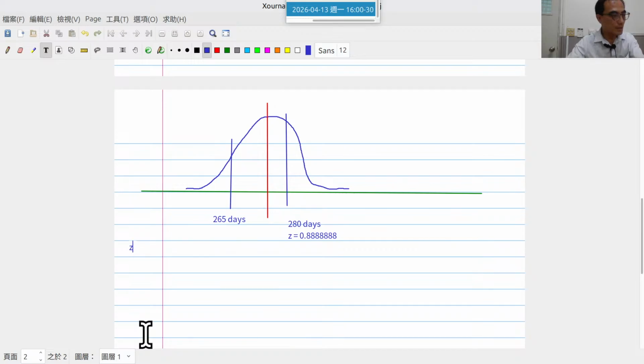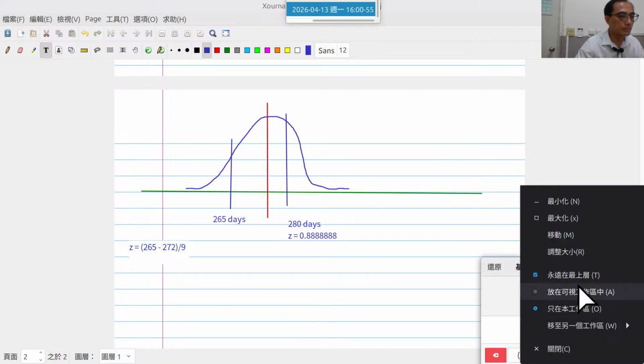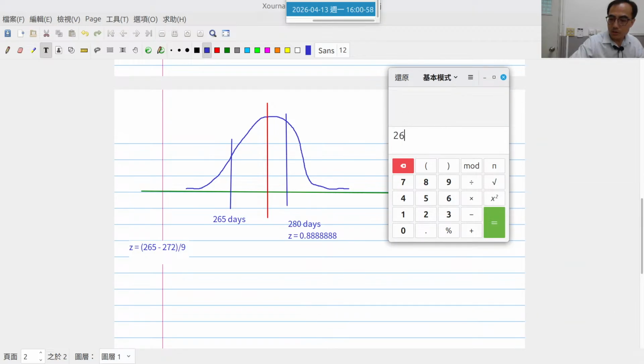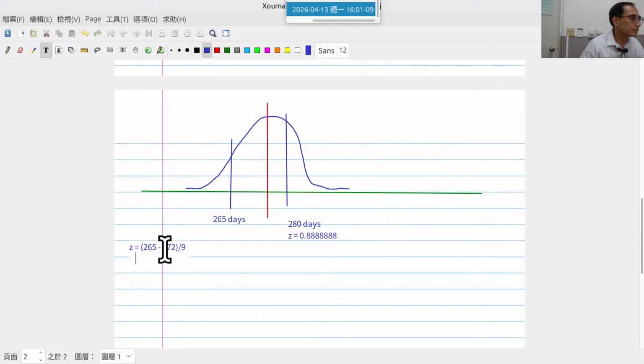The z-score equals 265 minus 272 divided by 9. 265 minus 272 is minus 7, divided by 9, and minus, forgot the minus, like this one. Okay, and check the table.